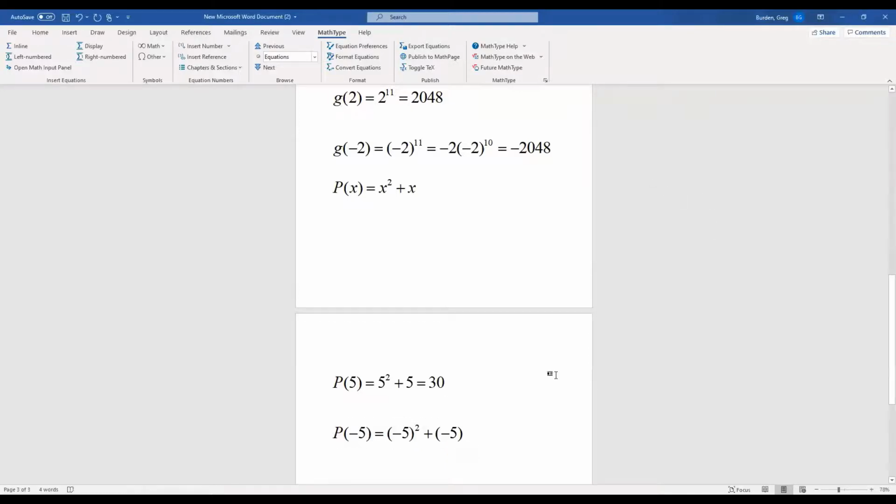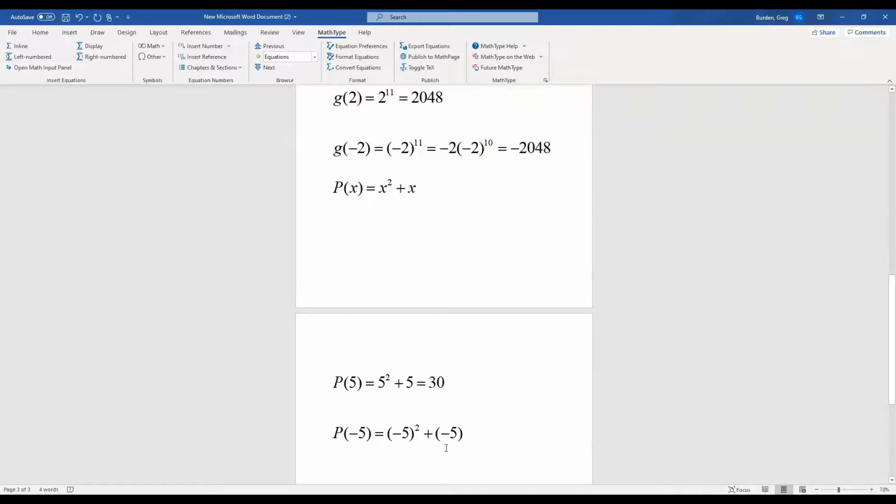So you can see what I'm doing here. P of negative 5, so I'm comparing P of negative 5 to P of 5. If the function is even, I'm going to get the same result that I got before, which is 30. If the function is odd, I'm going to get the opposite of the result I got before. In other words, I'm going to get negative 30.